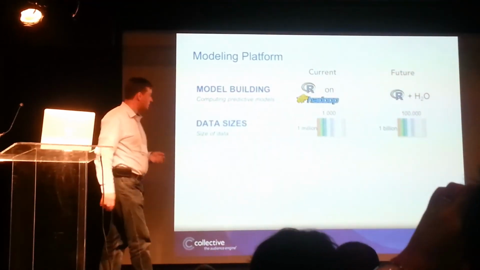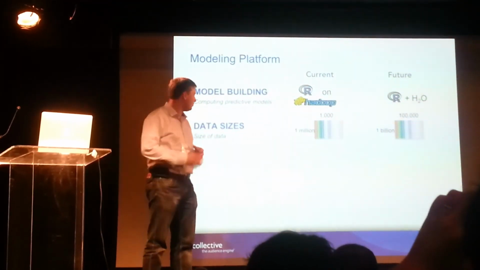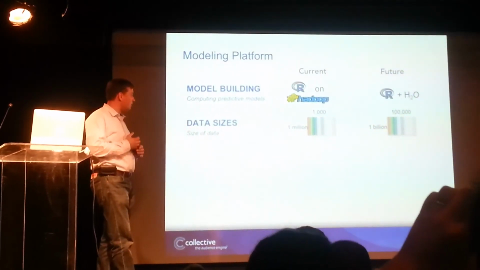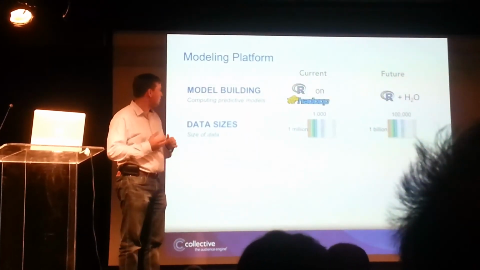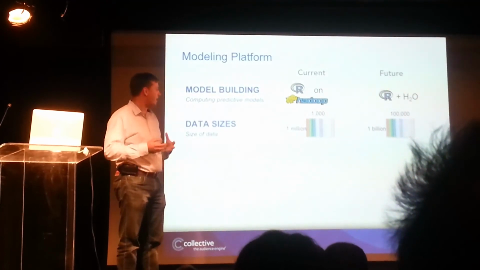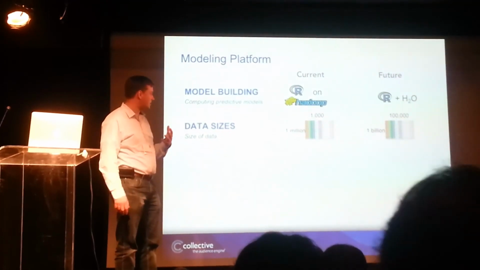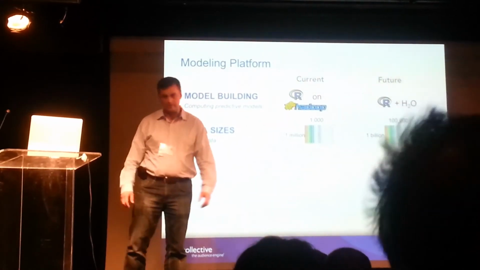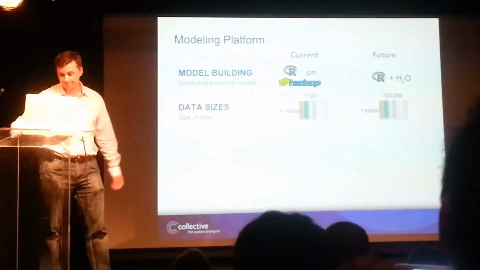The data size is a sample that we use of a million rows by a few thousand columns. Where we want to go is to orders of magnitude bigger data samples, and so we're experimenting with H2O, going into production soon.